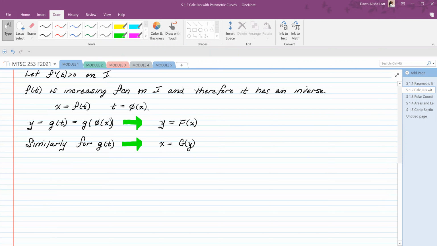So now given y is equal to f of x, the curve, we can compute dy dx. So this is how we're going to do it.